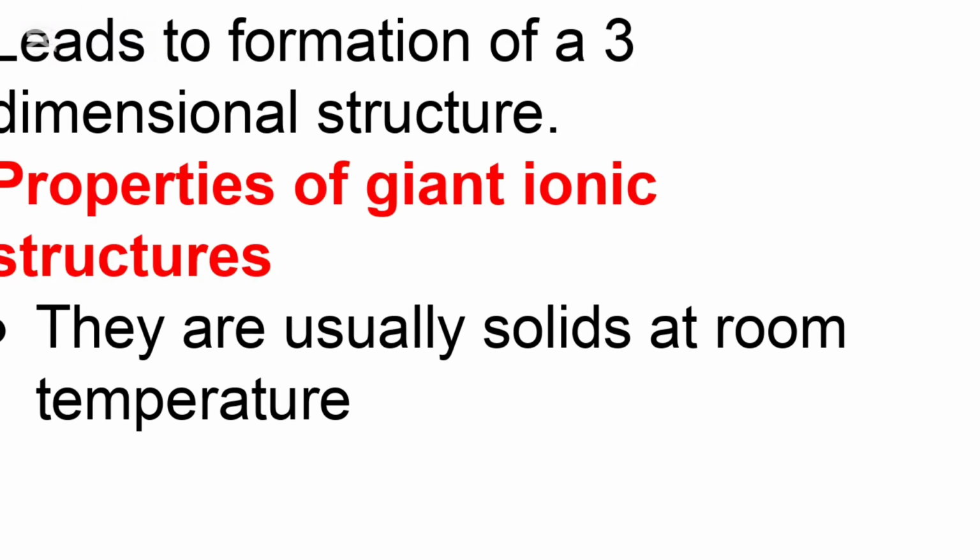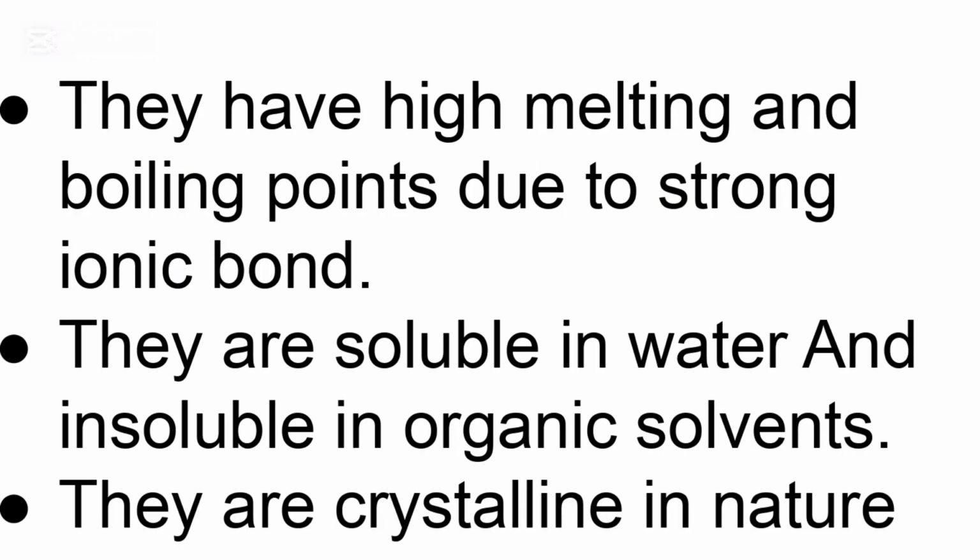Now, properties of giant ionic structures. One of them is that they are usually solids at room temperature. They have high melting and boiling points due to the strong ionic bond. They are soluble in water and insoluble in organic solvents.